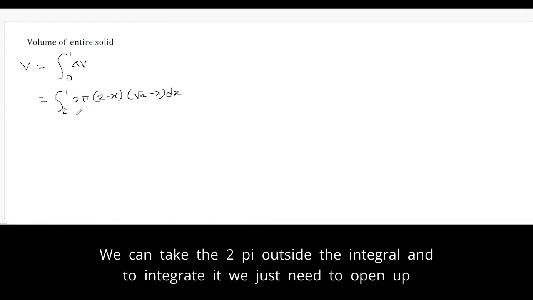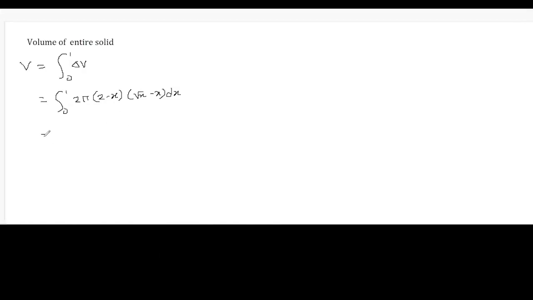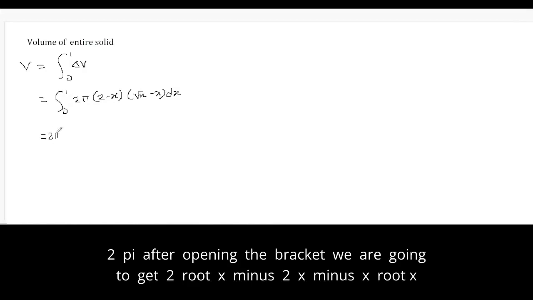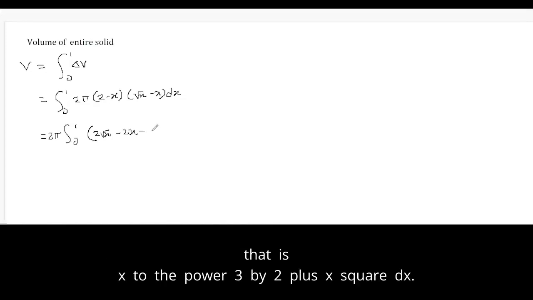We can take the 2 pi outside the integral, and to integrate it we just need to open up all the brackets. So 2 pi, after opening the brackets, we get 2 root x minus 2x minus x root x, that is x to the power 3 by 2, plus x square, dx.